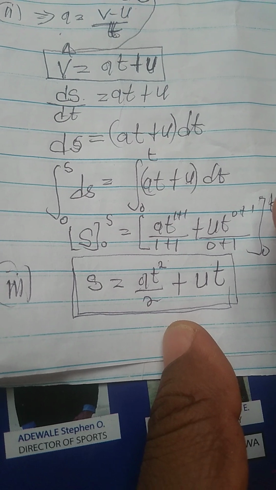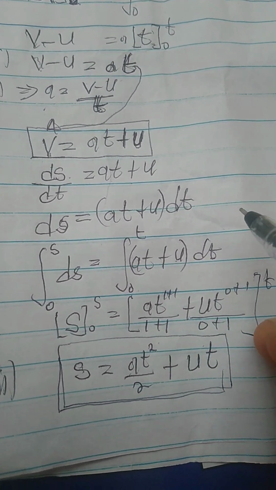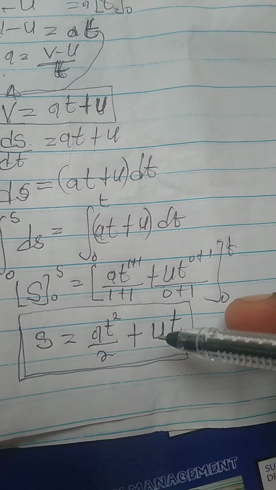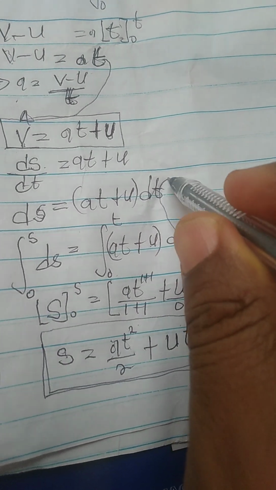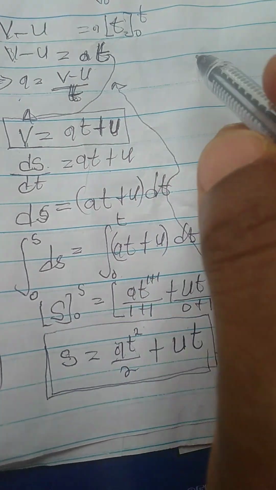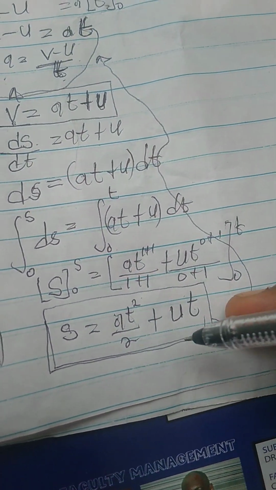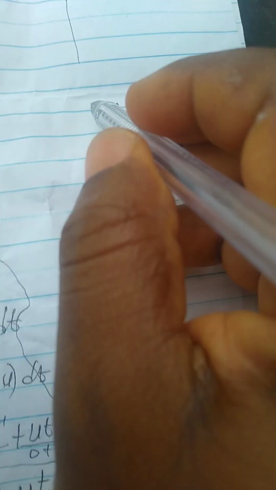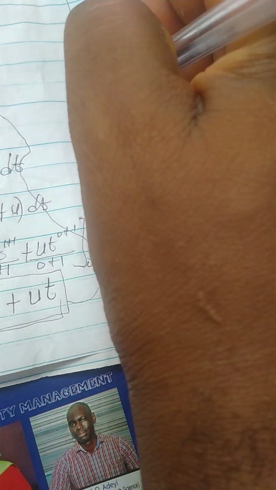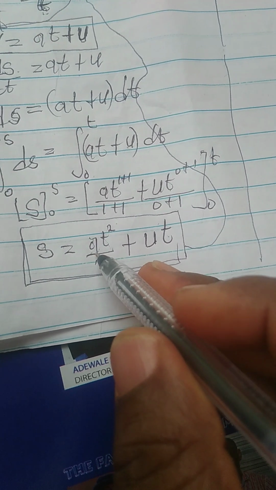Now, having done this, we want to eliminate a and t using this expression that we have here, with respect to when acceleration is v minus u over t. And then we also eliminate t by making t here the subject of the formula. So the first thing I want to do is eliminate a in this particular expression I have here.